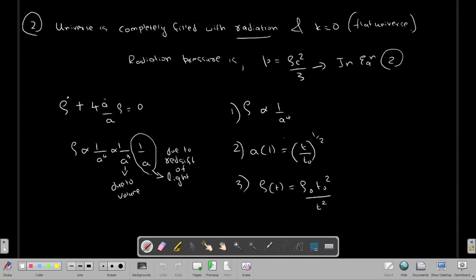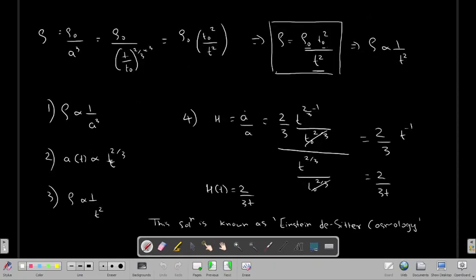So the variation of density with respect to scale factor has changed, but the variation of density with respect to time has not changed. Here rho again is proportional to 1 by t square. In the earlier solution also rho is proportional to 1 by t square. So this is something which is important to remember.